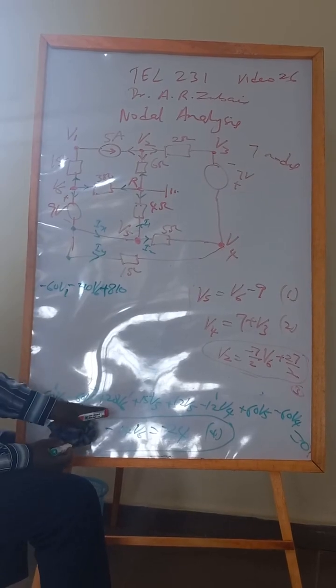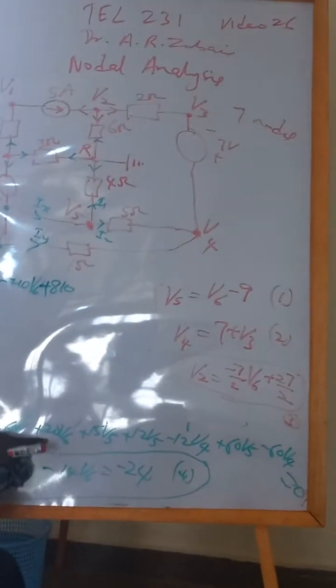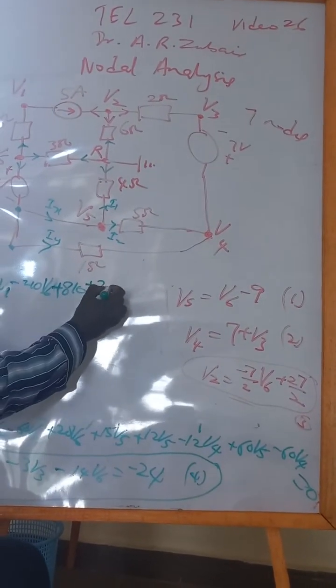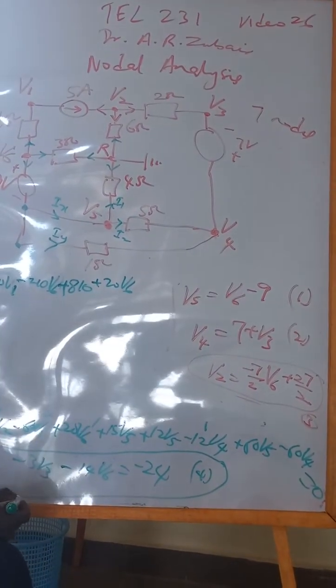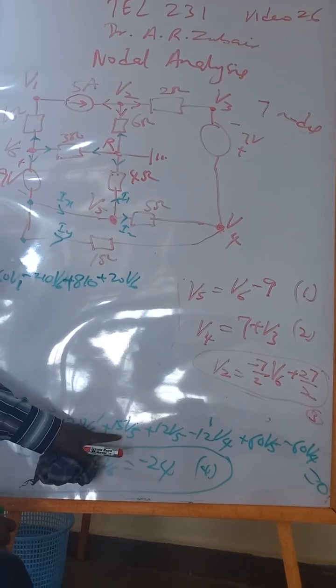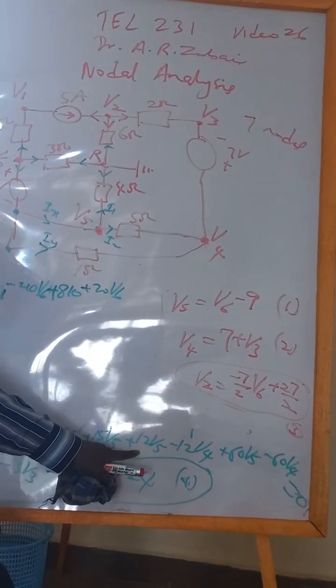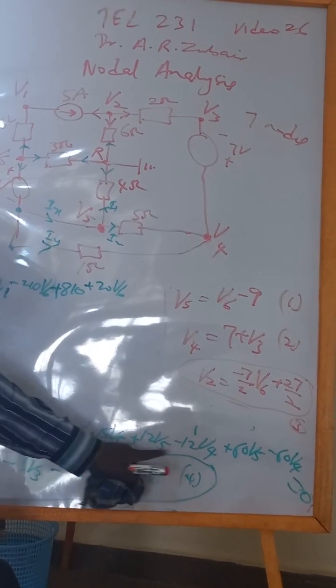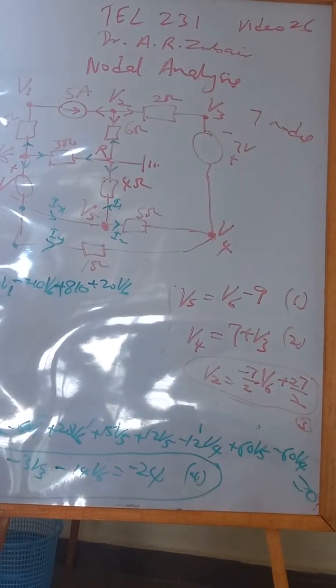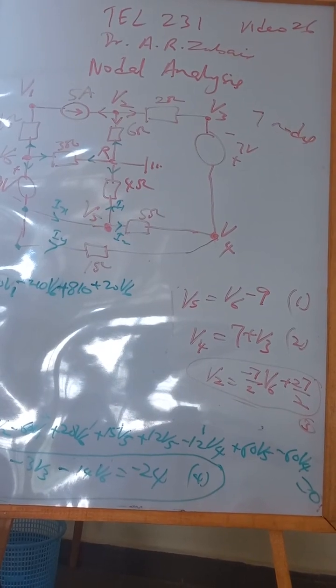I move to another V6. How many V6 do you have there? Only one: plus 20 V6. For V5, I have 15, I have 12, that's 27, I have 60, that's 87. 87 V5, right?